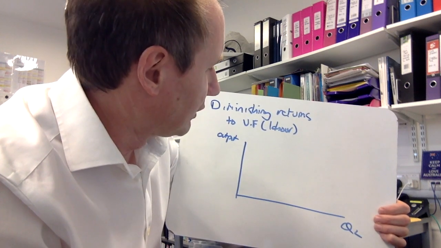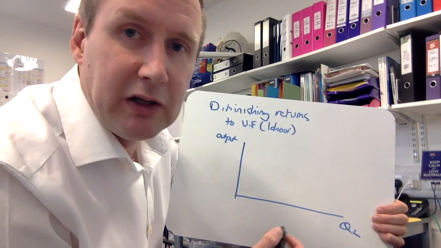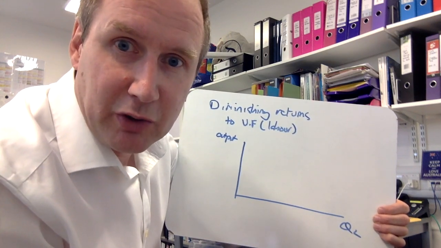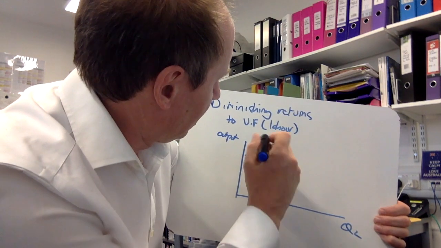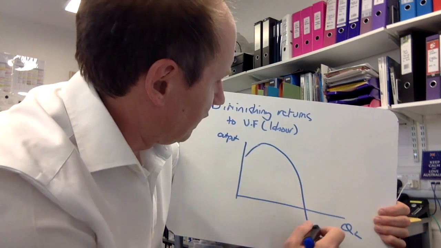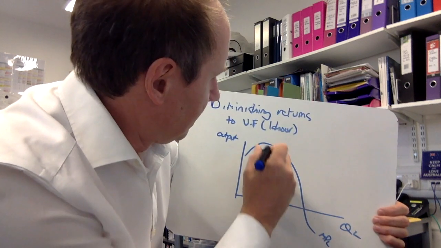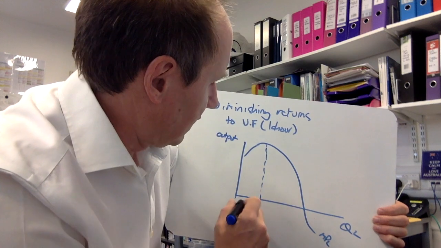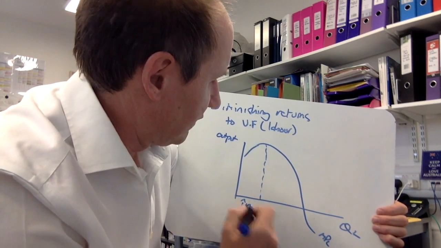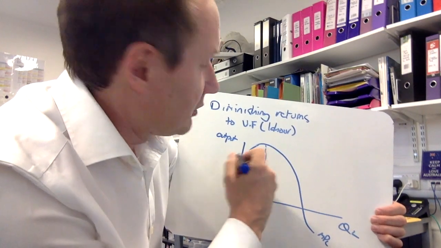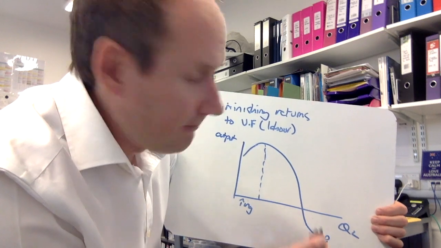And we said that marginal product, which shows how much each extra worker produces, initially might rise, but eventually it falls like that. Up to this point, we have increasing returns to the variable factor. Total output is rising more and more quickly.